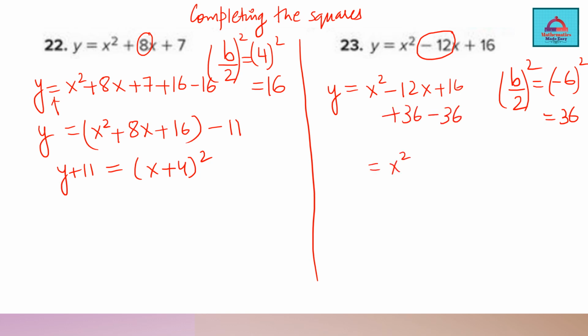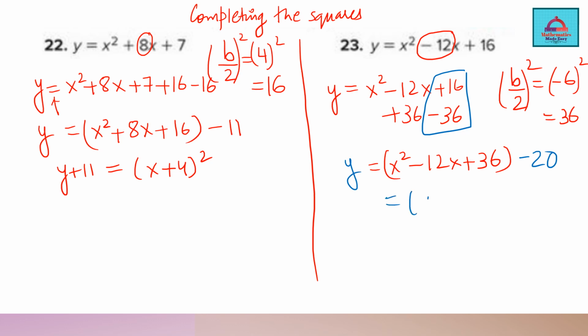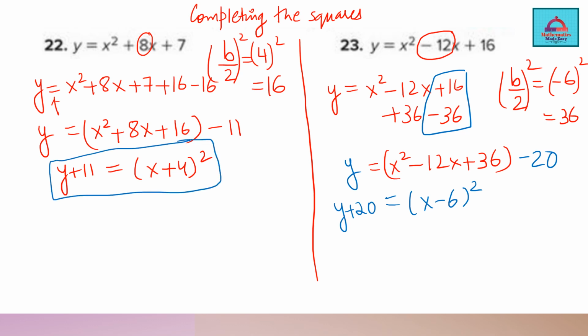So now I take x square minus 12x plus 36 together and take the minus 16 with minus 36. So this is minus 20. Y is already there. So this is x minus 6 whole square, y plus 20. So you've got this equation from here and this equation from here. So these are the vertex form.